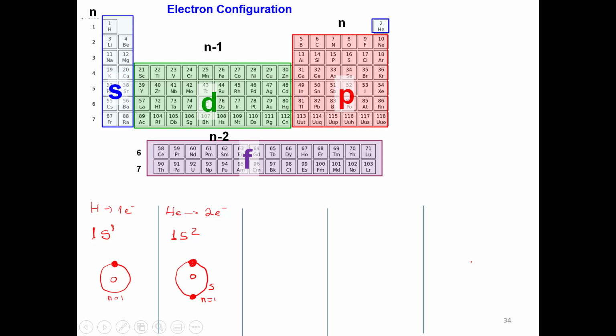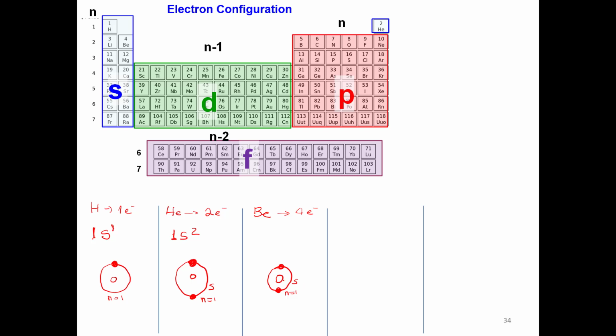Let's try the next one, beryllium. And let's see, beryllium is here. How many electrons? 4 electrons. And let's try to do some diagram here. For n equal 1, we had 1 subshell s. Maximum can hold 2. The next one is now full.